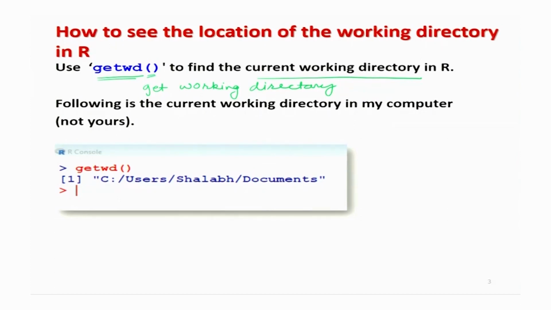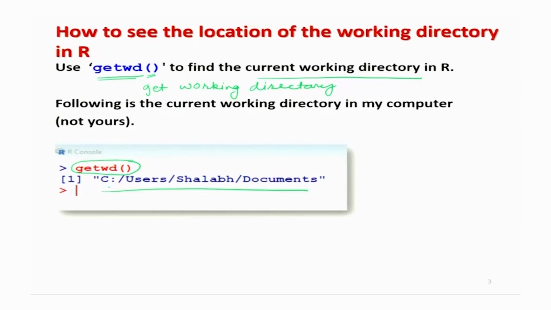If you try to execute this command on the R console, for example, if I write here getwd, then I get this outcome. This outcome is going to be different when you execute it on your computer, because this is the location in my laptop.